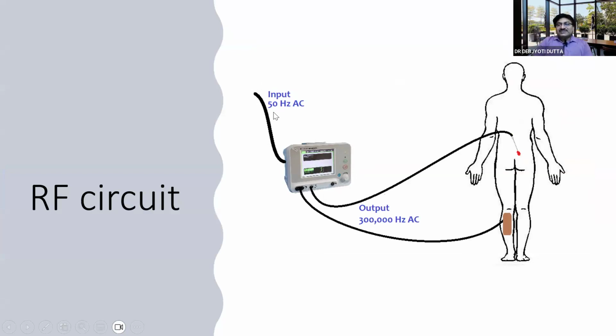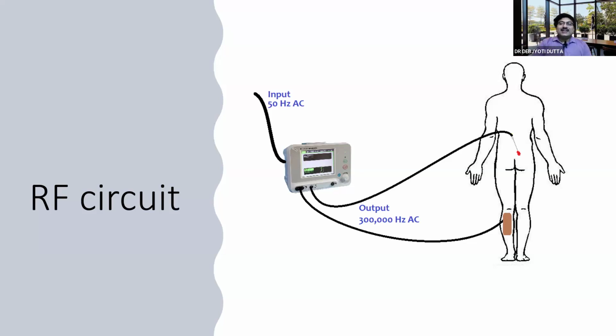The machine converts this normal 50 hertz electrical current to 300 to 400 kilohertz of electricity. That means we are increasing the alternations of the alternating current. Why are we increasing? Because between 50 to 60 hertz is the most physiologic current, like your nerve stimulation that happens at 50 hertz, your cardiac stimulation that happens at 50 hertz.